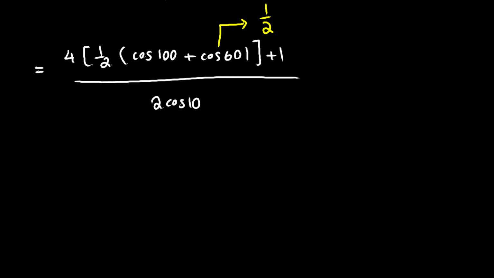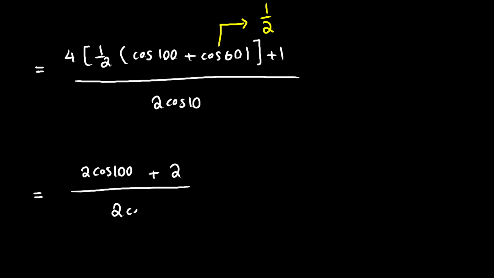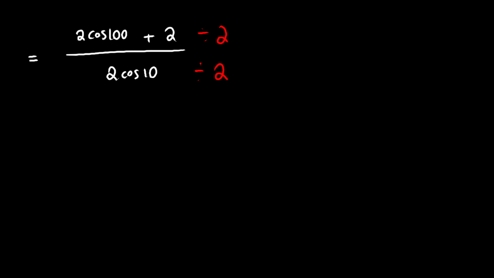So we can simplify this as, so 4 times 1/2 is going to be 2. So we have 2 times cosine of 100. And 2 times 1/2 is going to be 1. And then 1 plus 1 is going to be 2. And now we can divide both the top and the bottom by 2, right? So this should equal cosine of 100 plus 1 divided by cosine of 10.